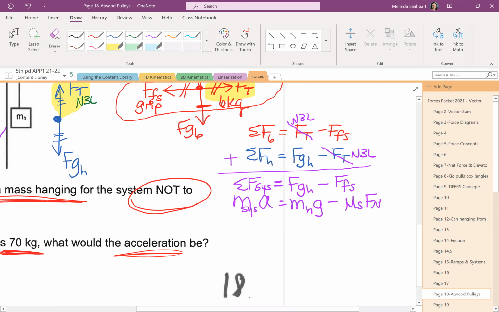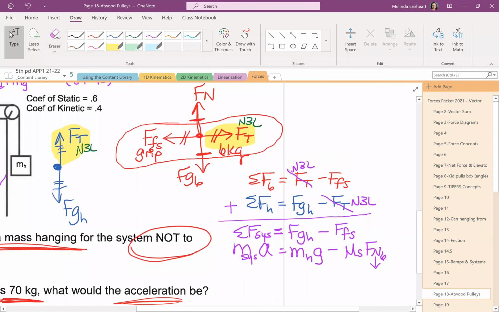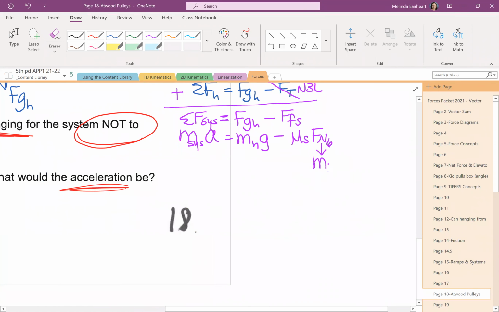Well, there's only one block that has a normal force. It's for the 6. What can we plug in there? Right, we said the Fn was balancing the weight of the 6 block. And so we can plug in m of the 6 times g. And so mhg, oh, not equals, sorry, minus, equals, and then I'm going to spend some time with the system mass. It'll be m6 plus mh. So there we are.